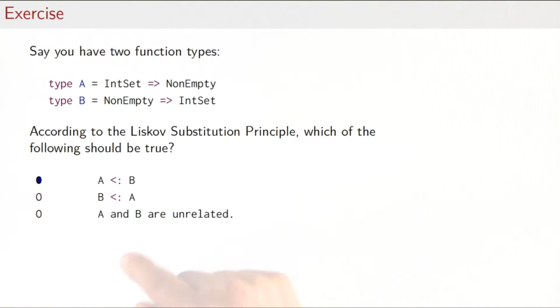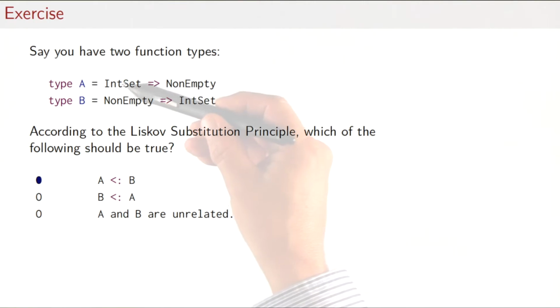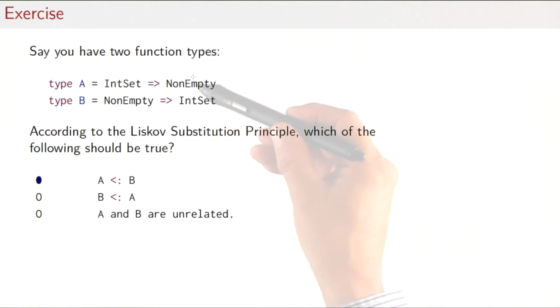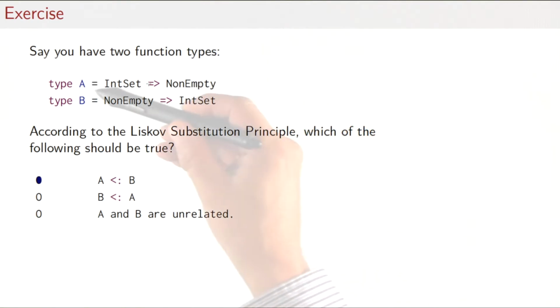Well, of course, if you pass a non-empty int set to type A, it expects just an int set, so a non-empty int set will do just fine. And you will get back a non-empty set, which of course is a special case of an int set. So type A satisfies the same contract as type B. If you give it a non-empty set, it will give you back an int set, but it actually will satisfy more than B. So that's why A is a true subtype of B.